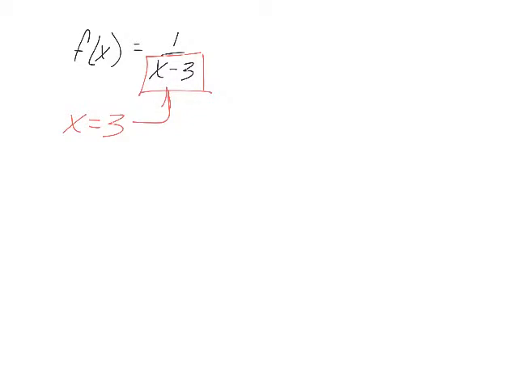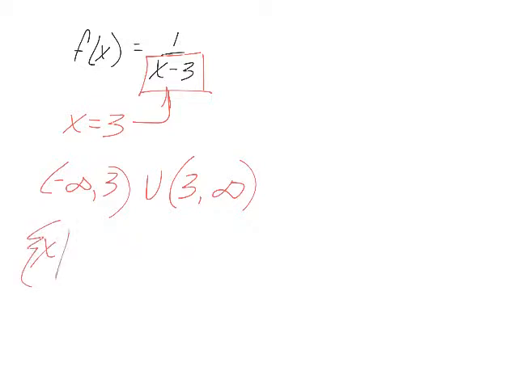So the domain, written in interval notation, would be all numbers from negative infinity to 3, not including 3, as well as from 3, not including 3, going all the way to positive infinity. That's the interval notation of the answer. Or if you did set builder notation, you'd get something really easy: x such that x is not 3.